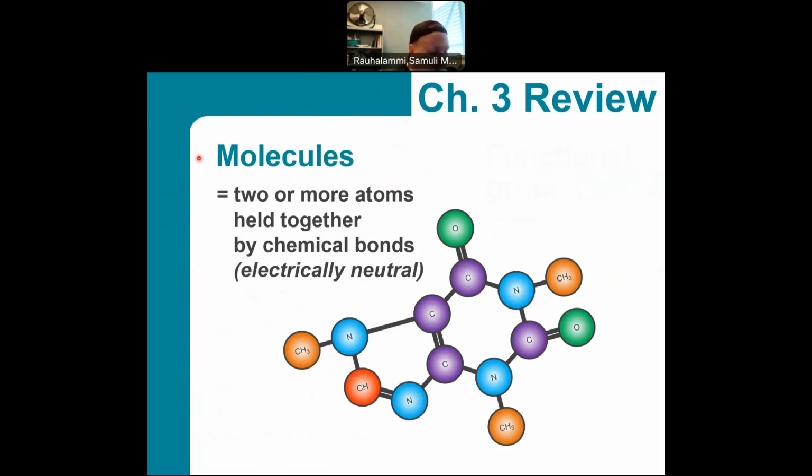You remember that molecules were made of two or more atoms that came together to form a larger chemical unit with an overall neutral charge typically. There are certain molecules that we commonly find in life that are very important as we're studying life, especially as we're studying human organisms.